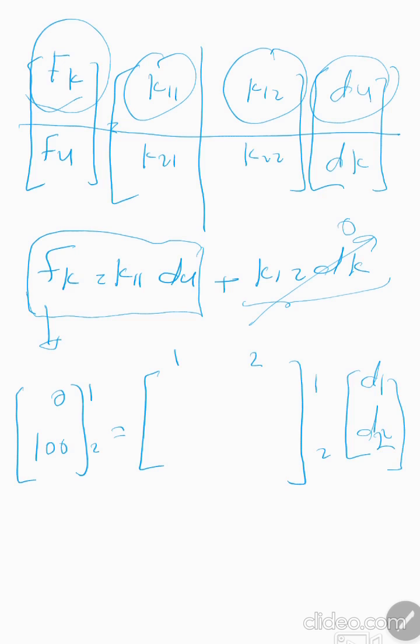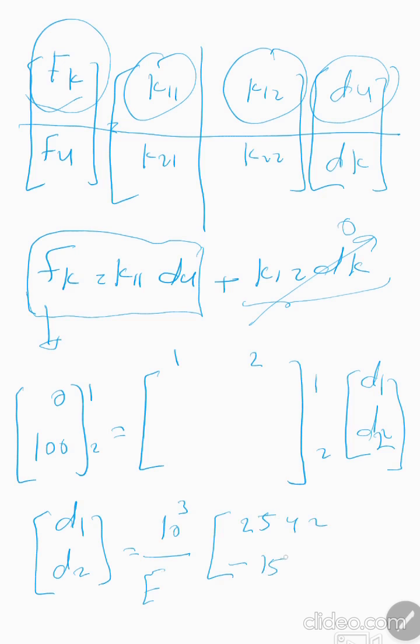The values that I got for D1 and D2 equal 10 to the power of minus 3 over E, times 2542 and minus 1516.